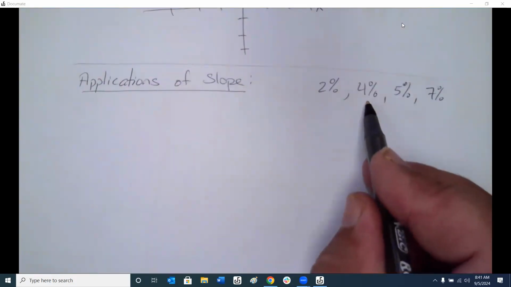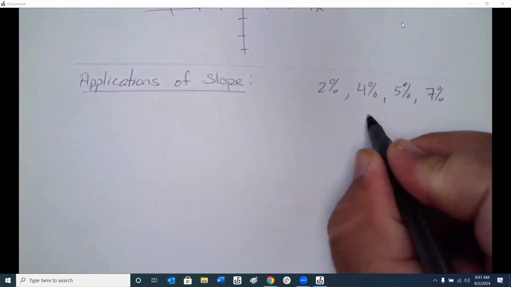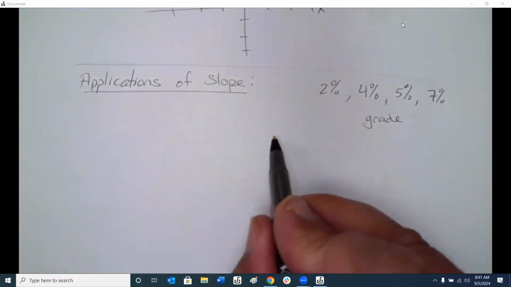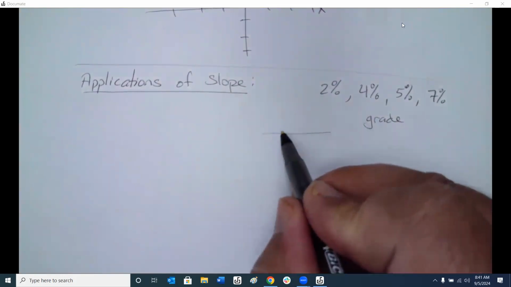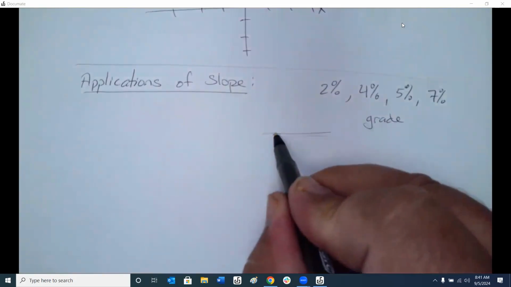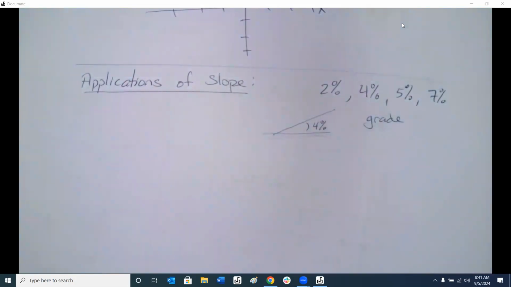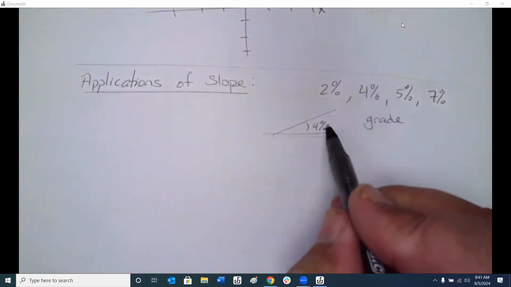Now, what does this mean? This is what's called a grade, when you have a tilt on a road. So here's the road, the turn. Let's say this is a 4% grade. What does that mean? What does percent mean to begin with?